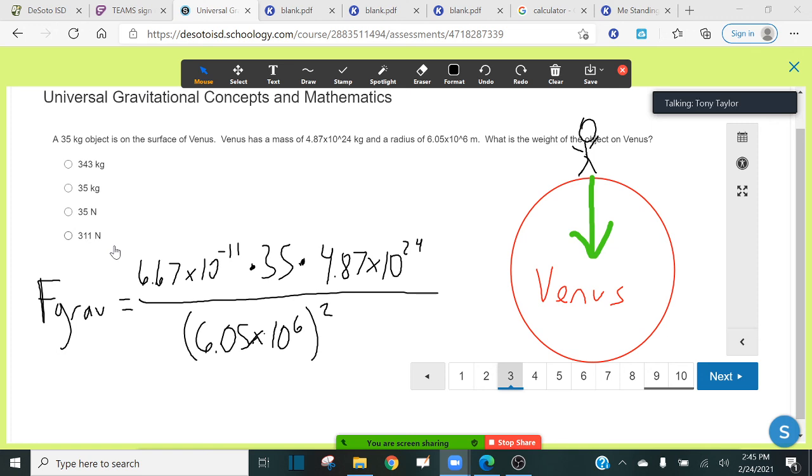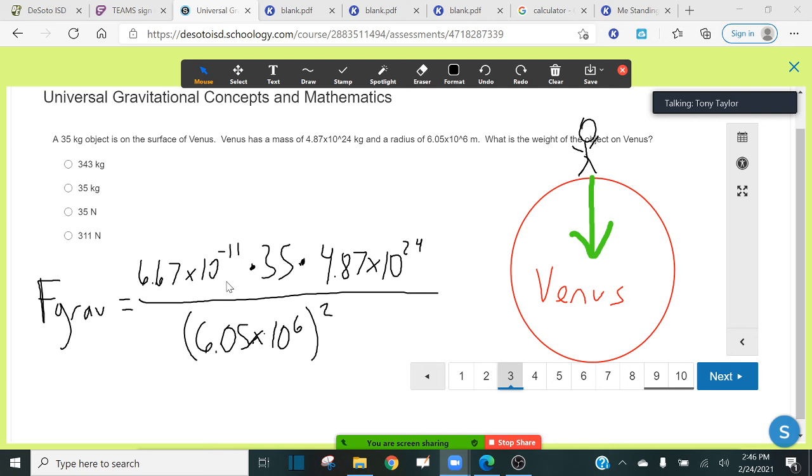You said 6.67 times 10 to the negative 11? Did you put it in your calculator? Yeah, I put the top part in my calculator, and right next to the number it says times 10 to the 16th power. Oh, for your numerator? If you get that only for your numerator, then yes.